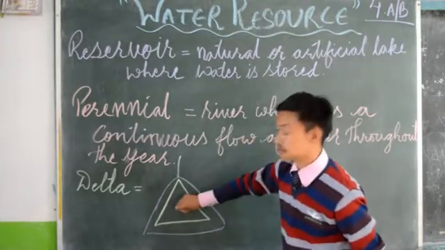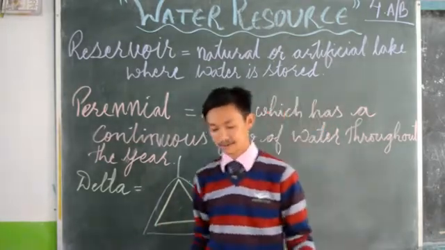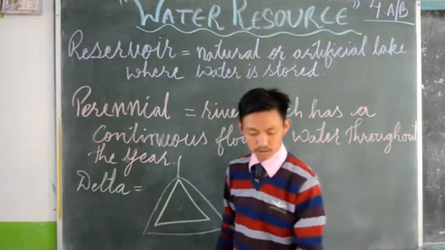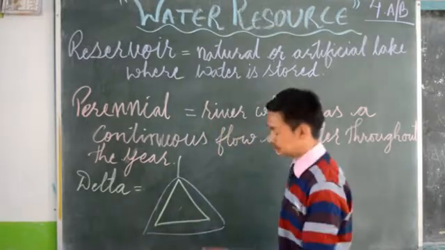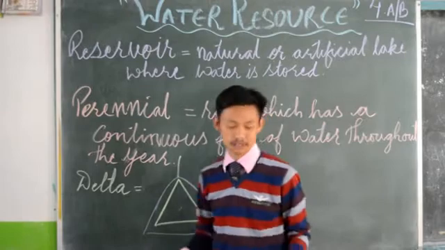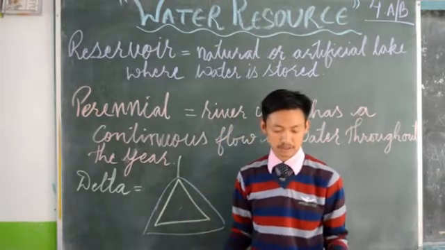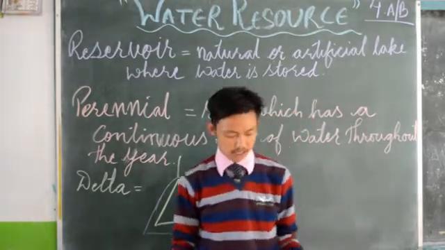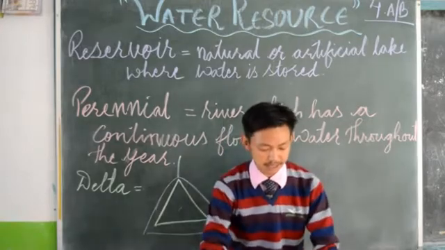This triangular shape is called a delta. This type of delta is found in the regions of the river Krishna. I have already said this.